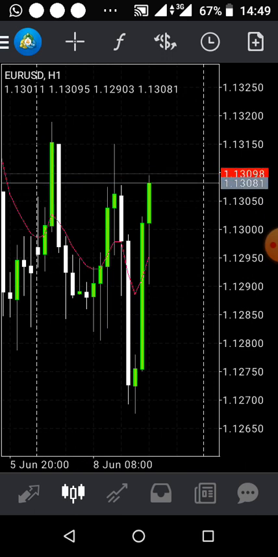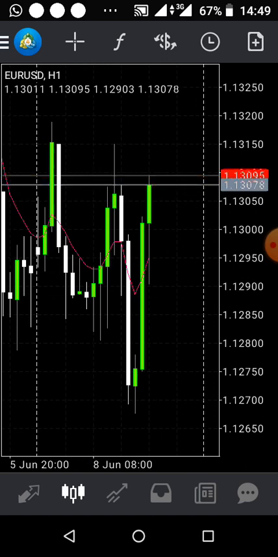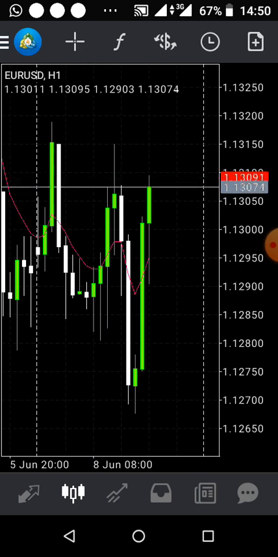We have three types of charts: the line chart, the bar chart, and the Japanese candlestick chart. And for the purpose of this class, we will be using Japanese candlestick. Of course, most traders analyze and trade with Japanese candlestick. Okay, that is just that.